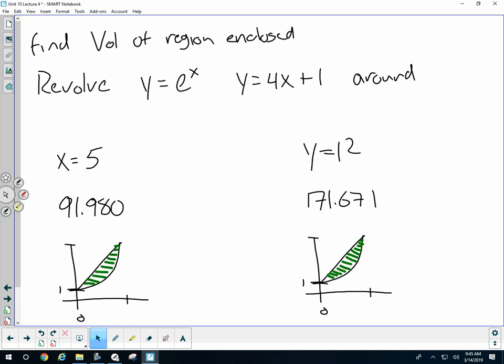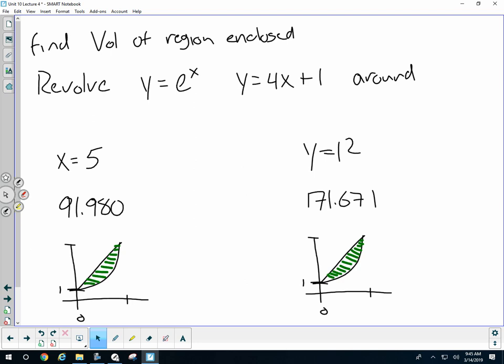The boundaries for the 2.5. So you actually have to find the actual intersection. You don't know what that intersection is, but you need to find that y coordinate using your calculator. All the work you're doing, don't clear it.